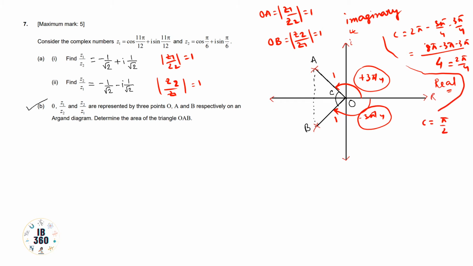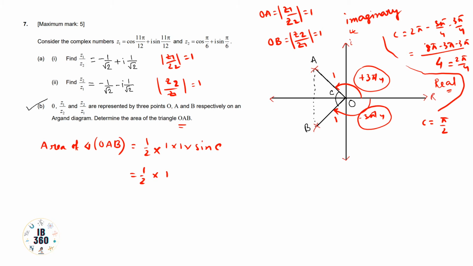Now for finding the area of triangle OAB, this will be half into 1 into sine C, according to the formula from trigonometry we have.